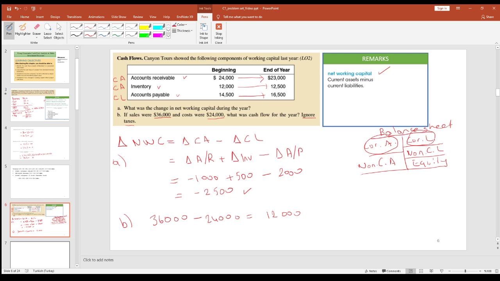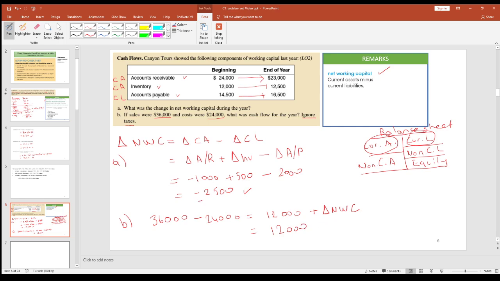But I also know that the change in working capital decreased by 2,500, which means from the cash I generated, I spent 2,500 for working capital. So I need to add the change in net working capital here.